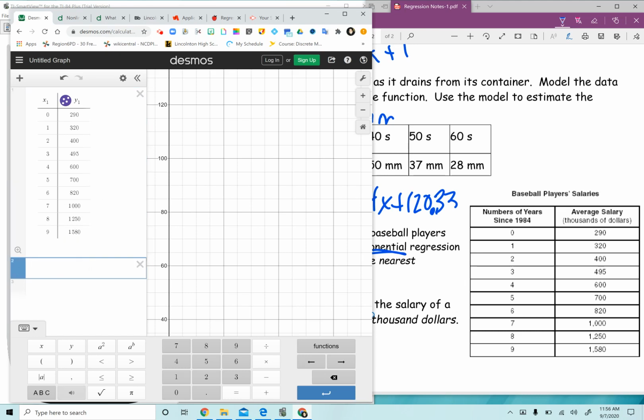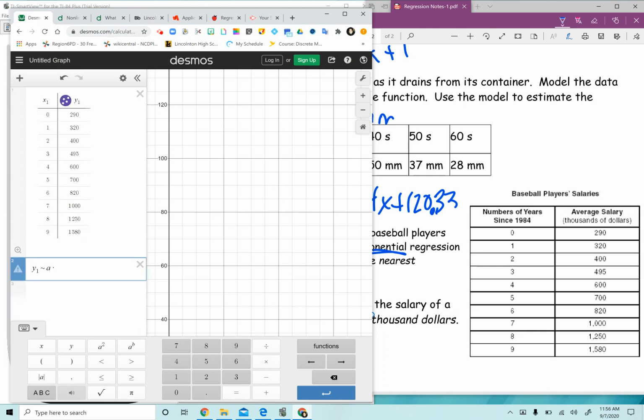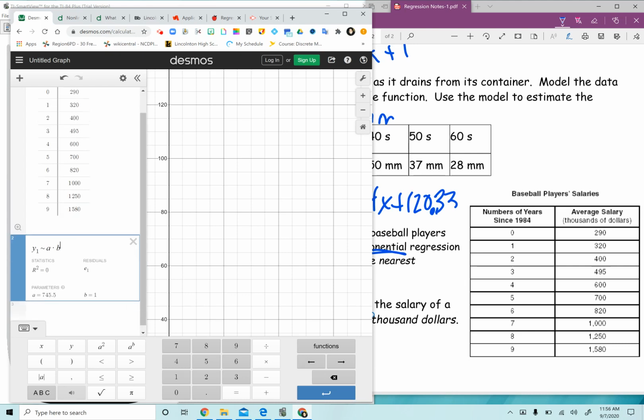Now, remember, exponential equations are y1 tilde. Those are x1s, so that works. So a times b to the x this way.